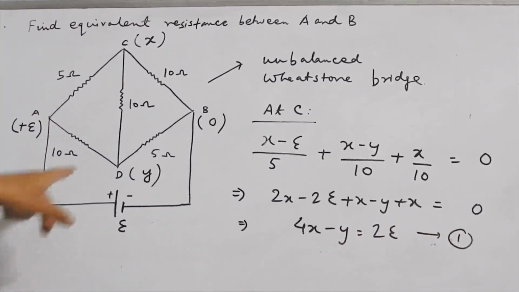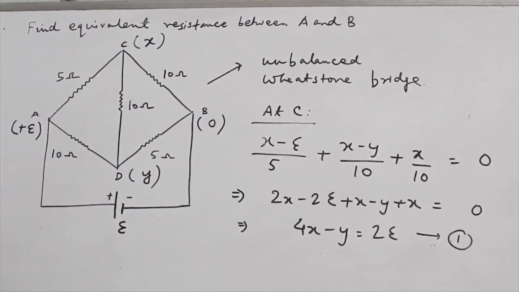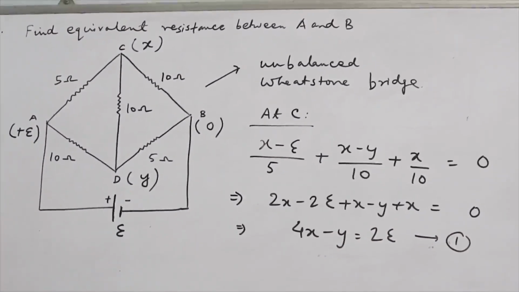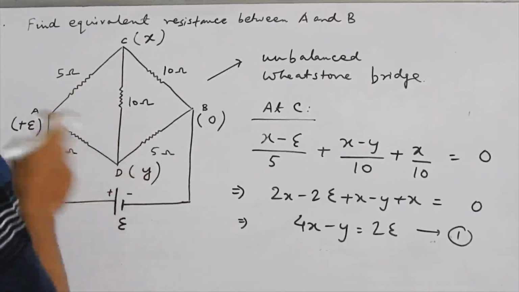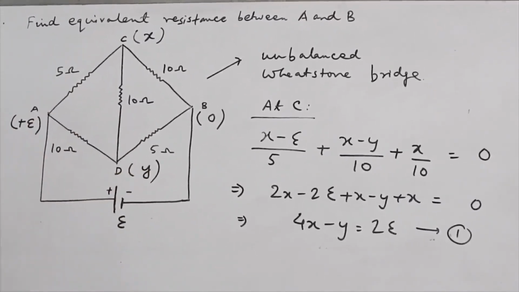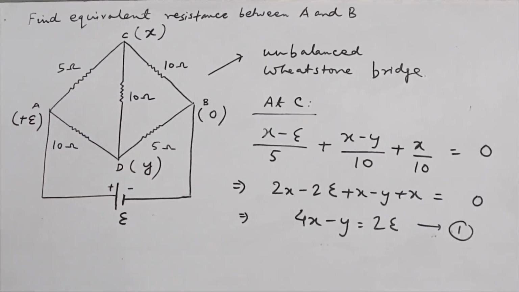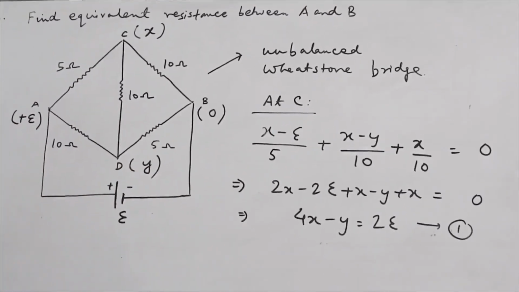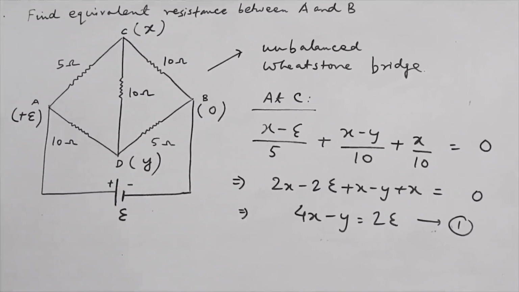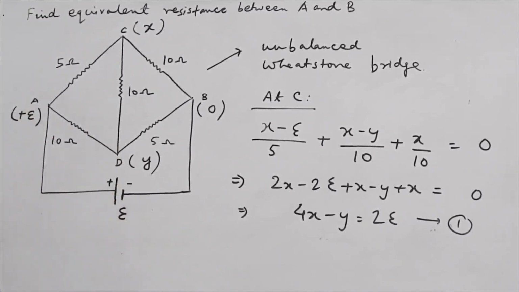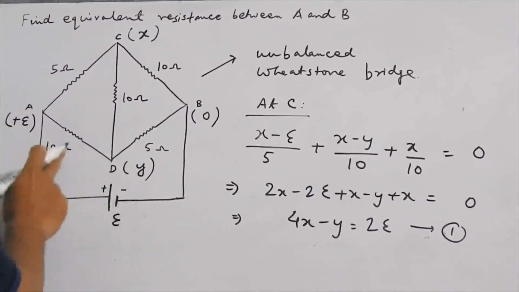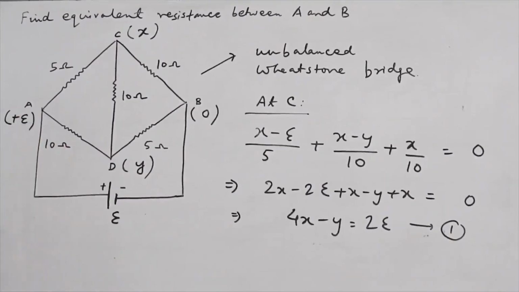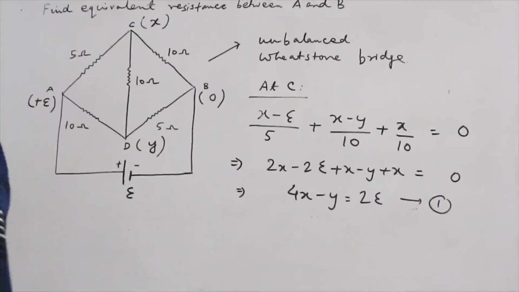Applying the same concept at the point D, the sum of currents entering or leaving is 0. With respect to point D, we are ignoring whether y is greater than or less than epsilon. As I said earlier, we will get the proper sign with respect to which we can realize whether y is greater than or less than epsilon. In a similar manner, y minus epsilon divided by 10 is the current entering the point D along AD.